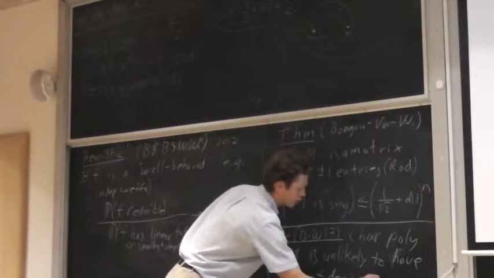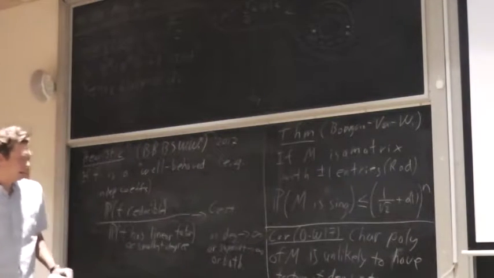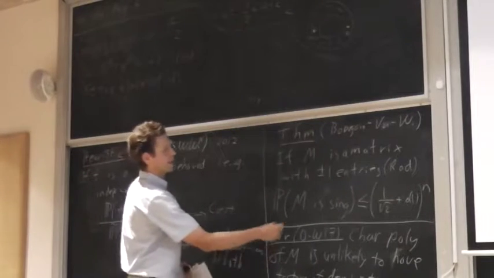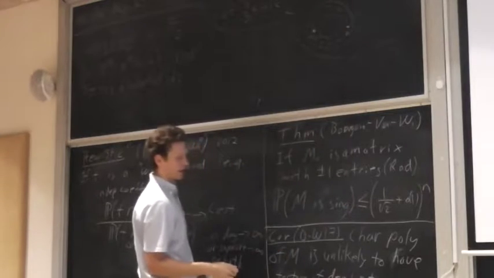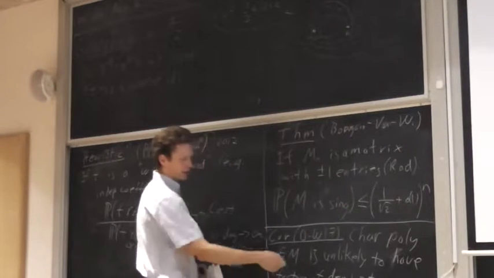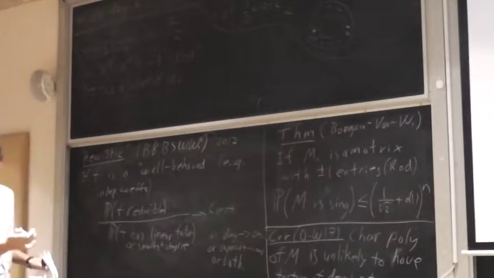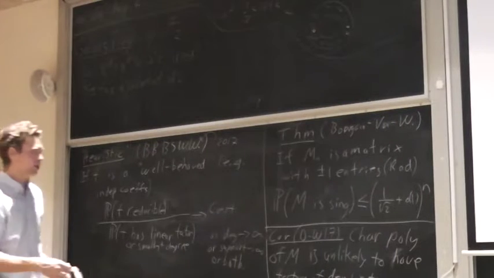up to, now of course, I'm thinking of this as an n by n matrix. That's why this has the power of n there. And so if you could get up to degree n over 2, you'd be done, because something has to be n over 2.